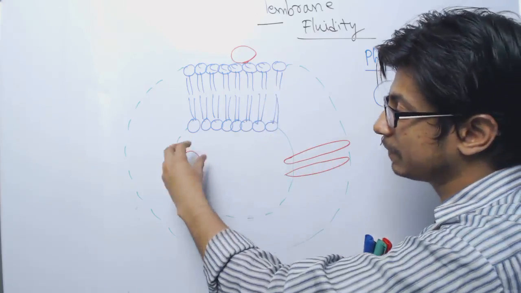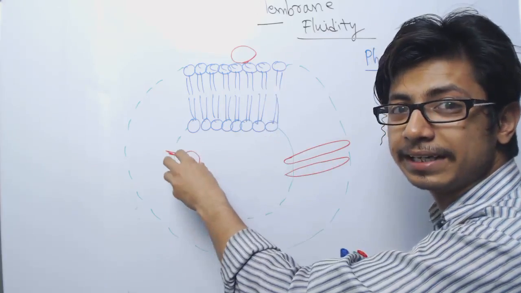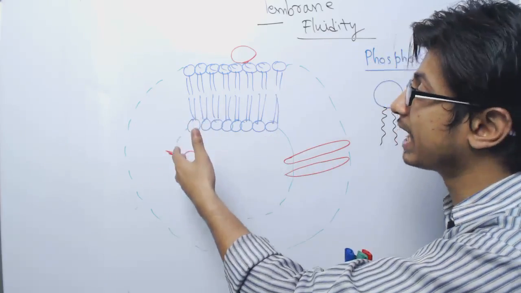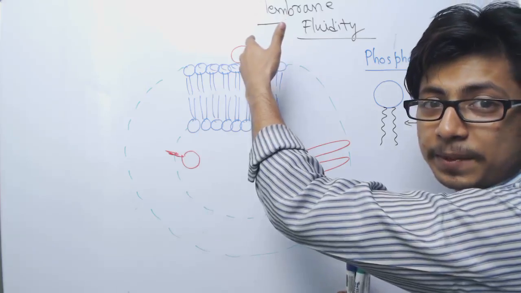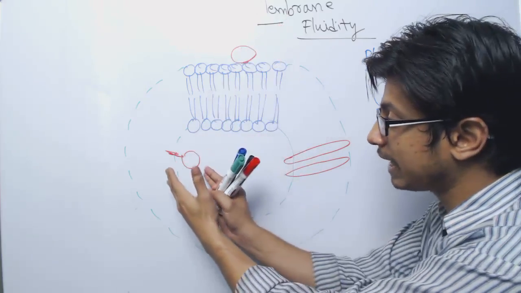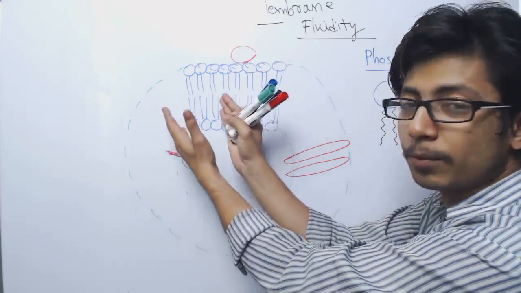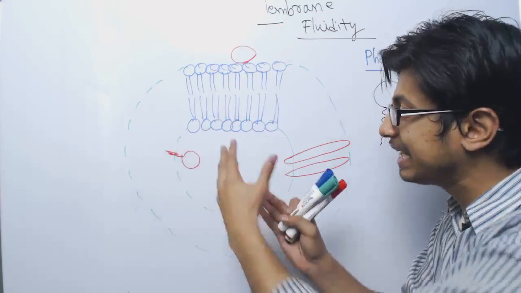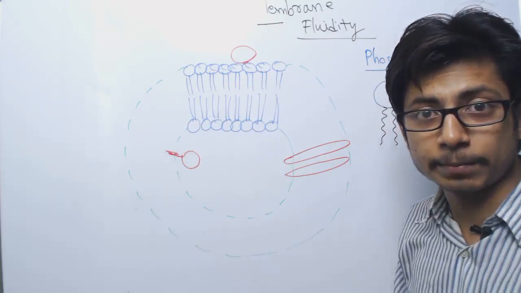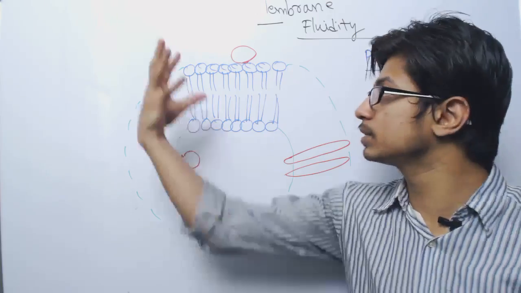Maybe let's say some inner leaflet enzyme is present here. That enzyme sometimes needs to interact with another protein that is present in the membrane. So two proteins need to come close to each other for proper intracellular signaling. For example, a growth factor comes in from outside.